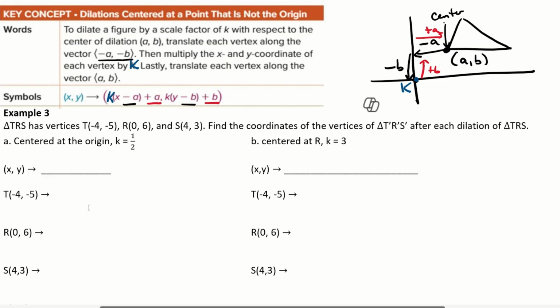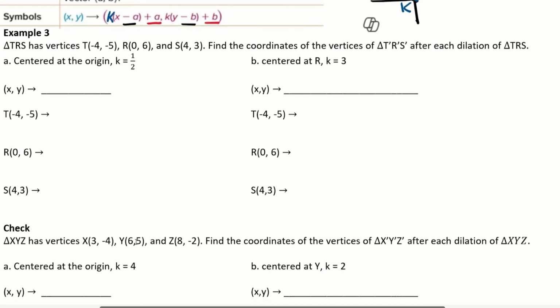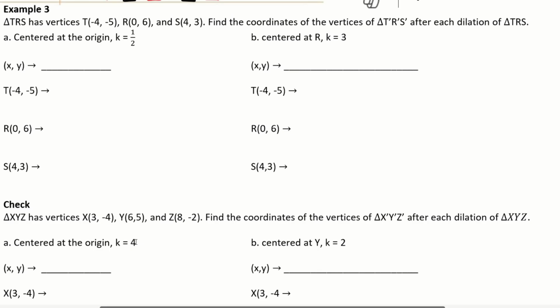It's that idea. So example 3: triangle TRS has the following coordinates. Find the coordinates of the vertices of T prime, R prime, S prime after each dilation. We have a couple of dilations here, so let's do the first one. We're centering about the origin right here, so k is 1/2.